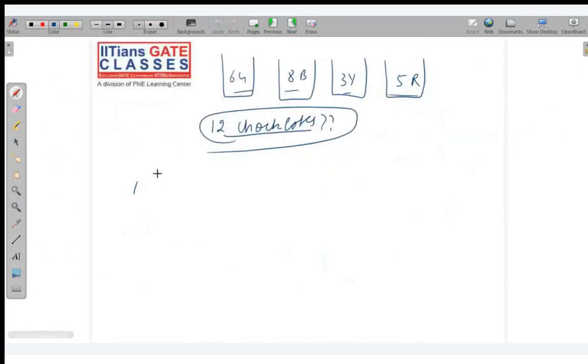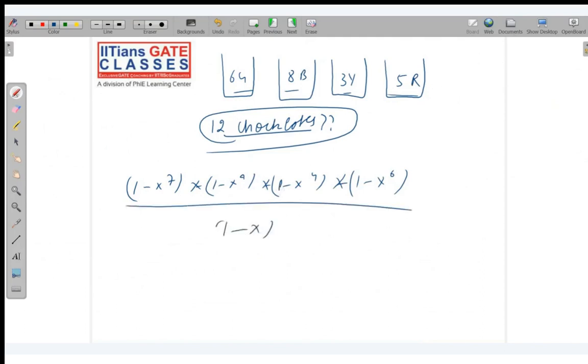So now I will say 1 minus x power 7 multiplied by 1 minus x power 9 multiplied by 1 minus x power 4 multiplied by 1 minus x power 6. Is it okay? Yes. Divided by 1 minus x power 4. So I have directly written the generating function for the problem.